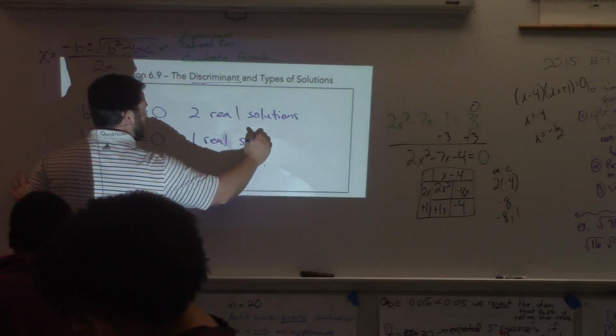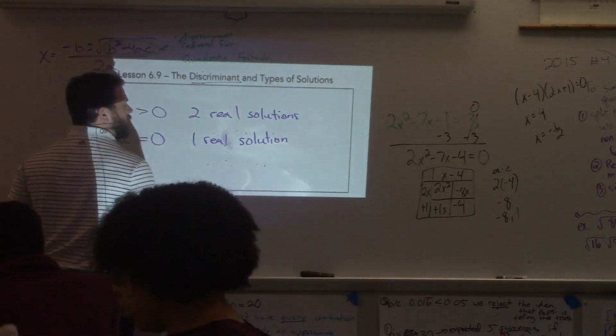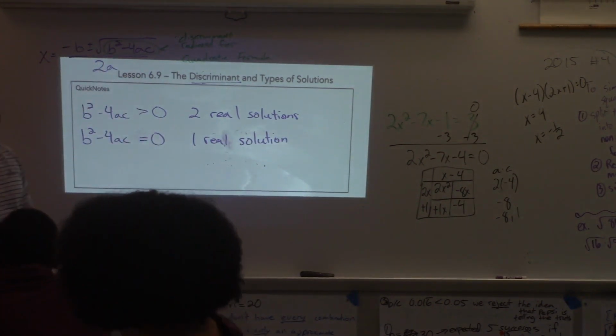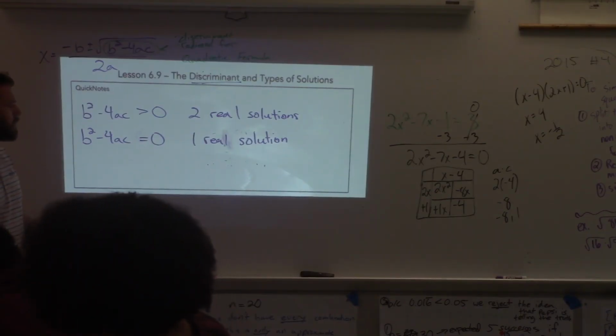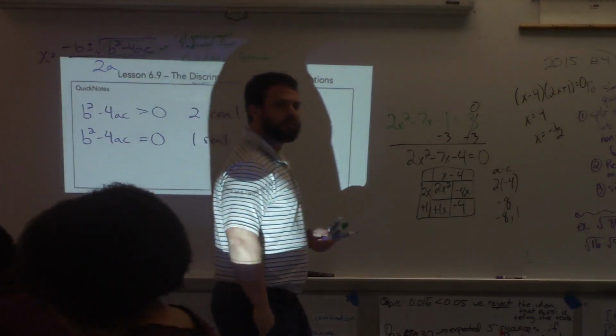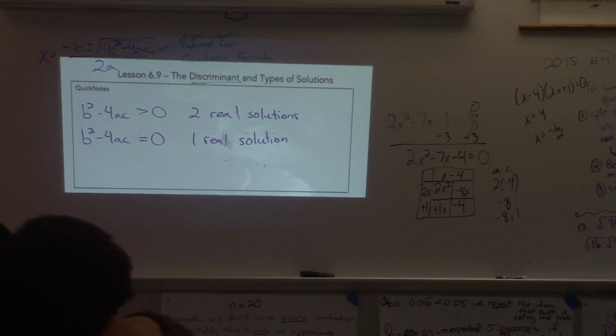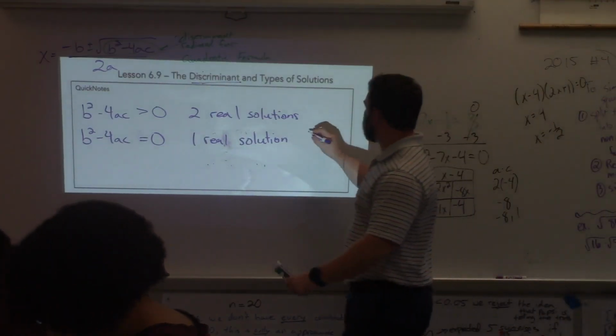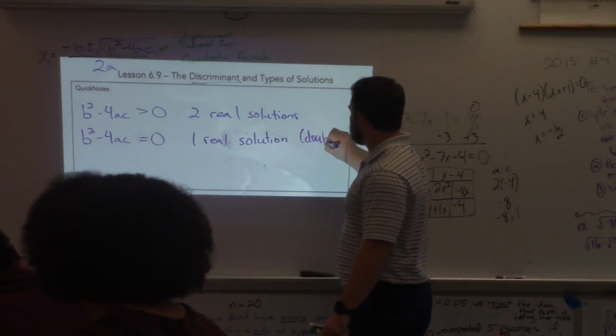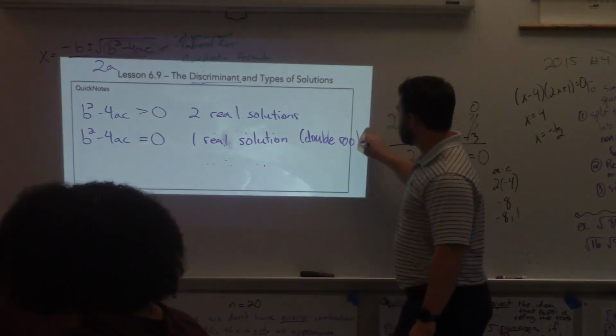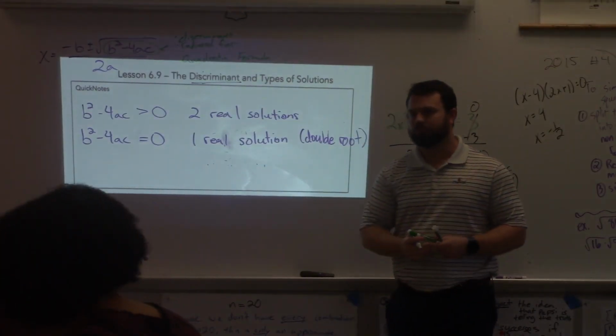Anyone remember a special term for when it was that one real solution? It was a something root. Maybe we didn't introduce this term yesterday. A double root. Okay?